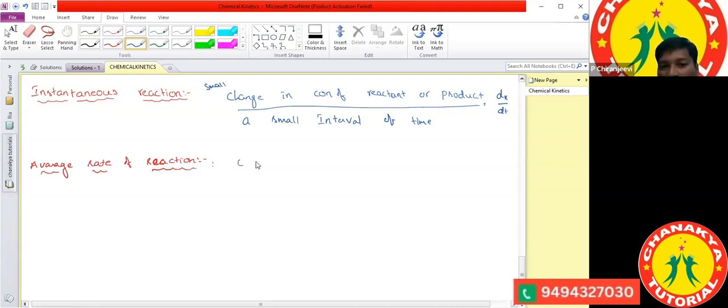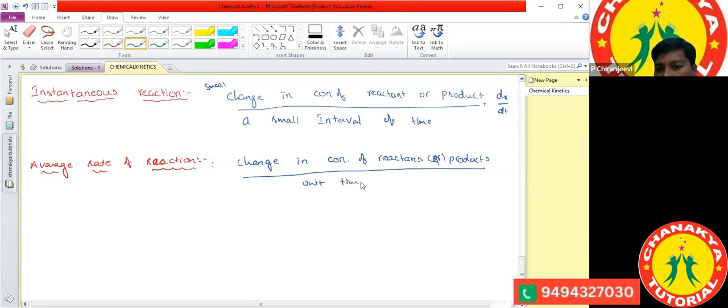Okay, so this we can write as the change in concentration of reactants or products per unit time. Unit time is called the average rate of reaction.